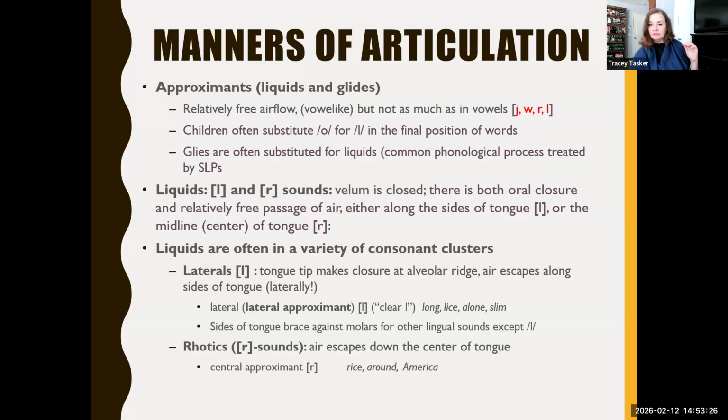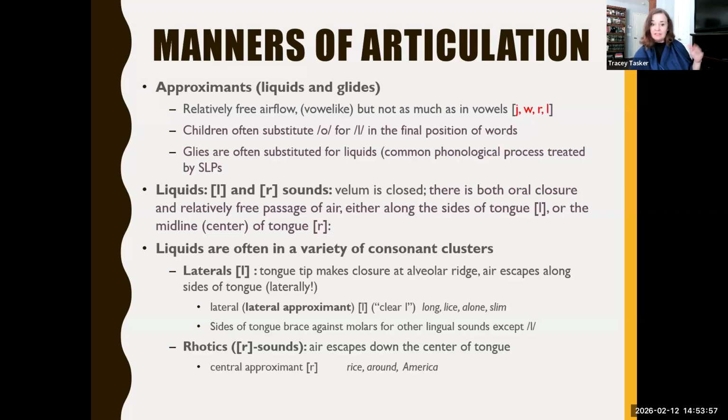If you try and make the l sound, your tongue is in a similar position as it is for the vowel O. So O, L, O, L, you could feel where it is, okay? Glides are often substituted for liquids, okay? So this is also important when we're figuring out, well, where does manner fit into our job as a speech therapist?